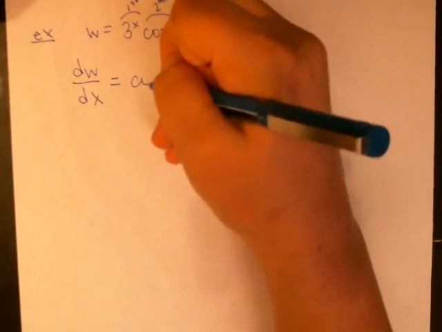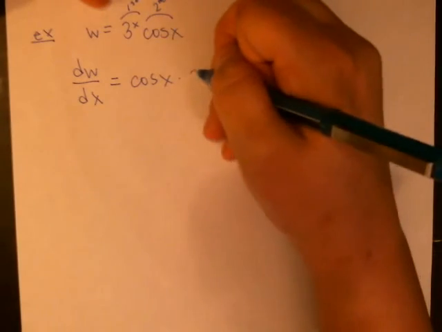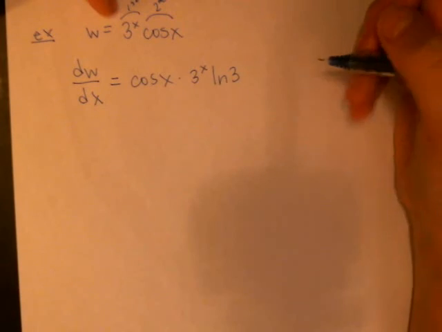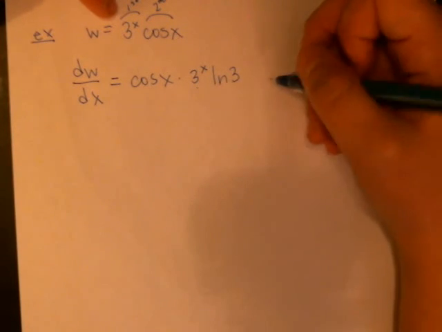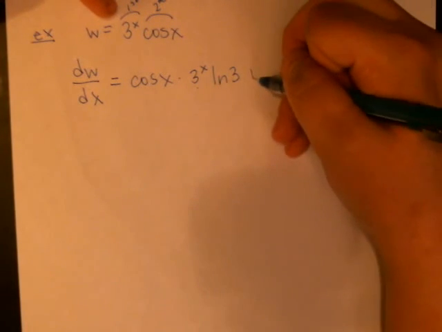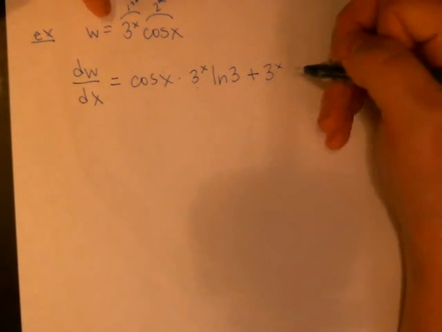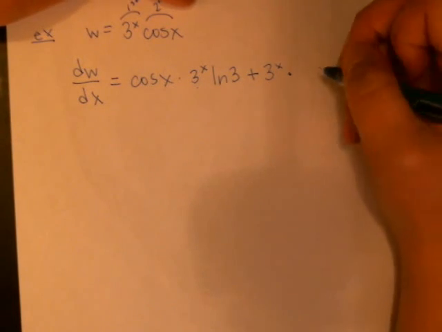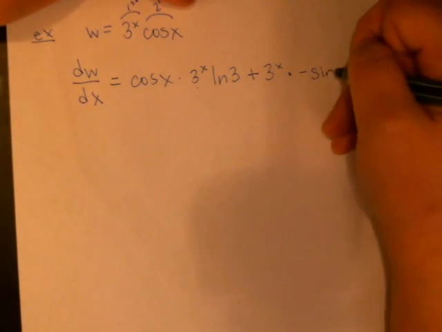So we'll do a second times the derivative of the first. The derivative of 3 to the x is itself multiplied by the natural log of the base 3. And then we'll get the first, 3 to the x, times the derivative of the second. Derivative of cosine is a minus sign, opposite of sine.